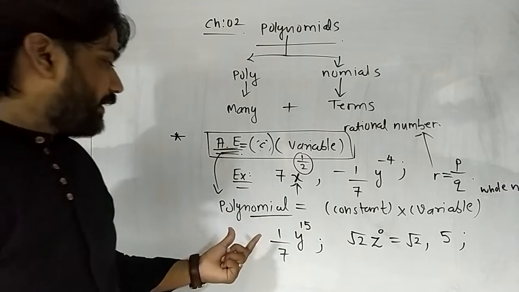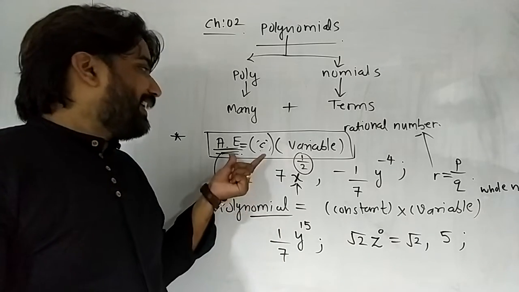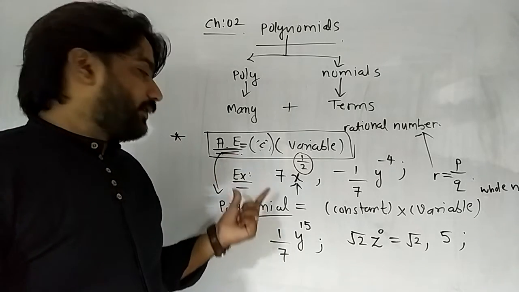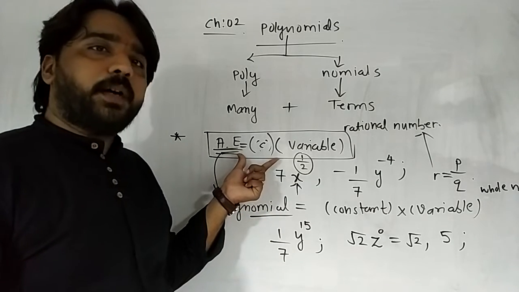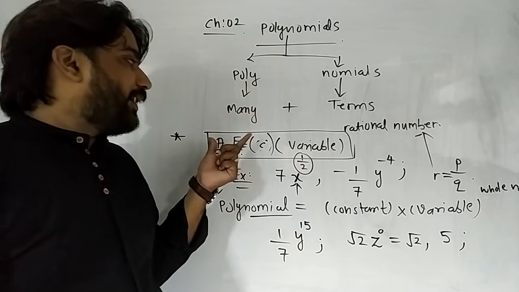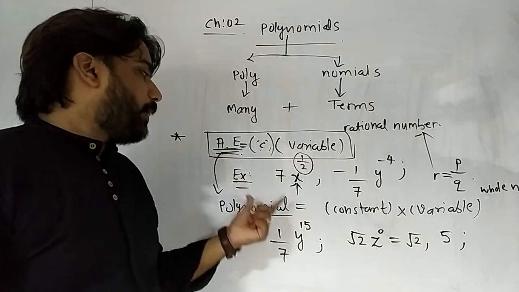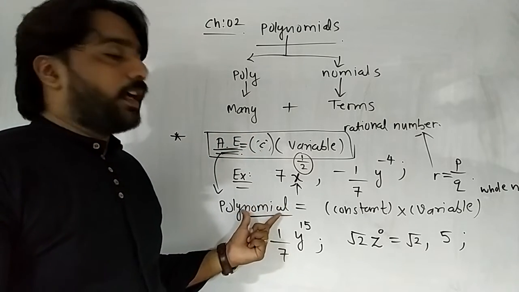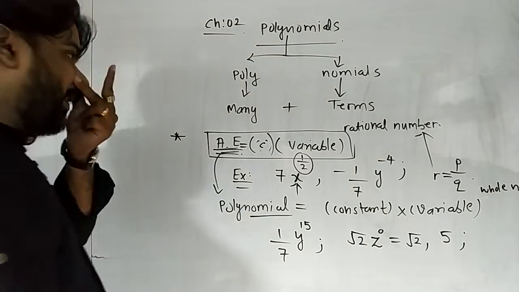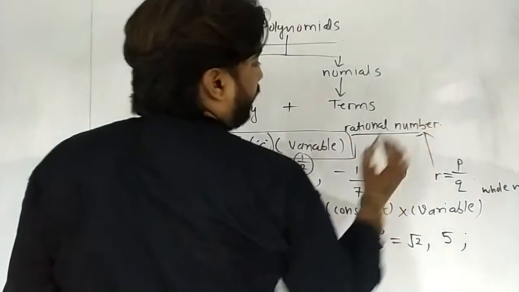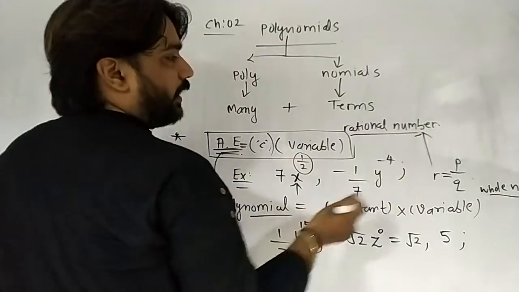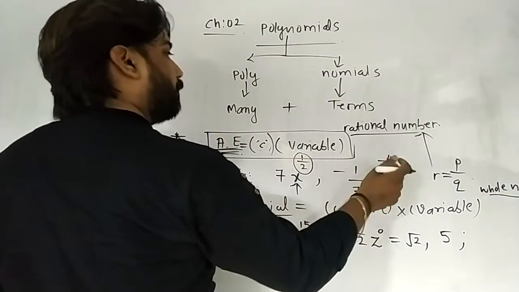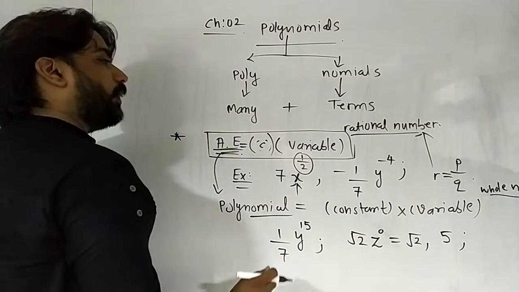So we can say that every polynomial is an algebraic expression. सारी की सारी जो polynomial है वो तो algebraic expression होंगी ही, but every algebraic expression may or may not be a polynomial. Why? Because यहाँ पे तो rational number है, तो rational number में तो whole number से ज़्यादा numbers आएंगे, तो whole number के अलावा जितने भी number है वहाँ पे ये polynomial नहीं होगा.